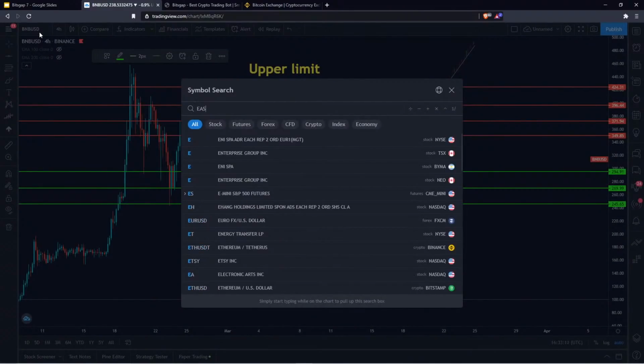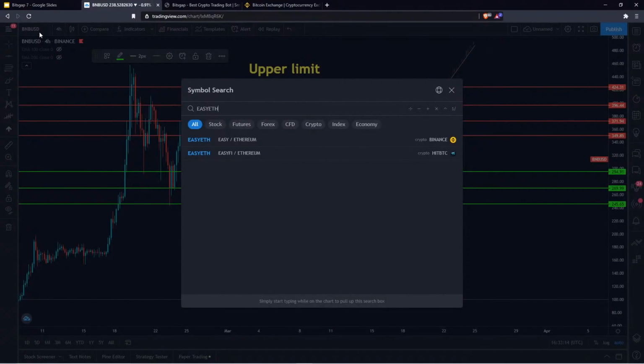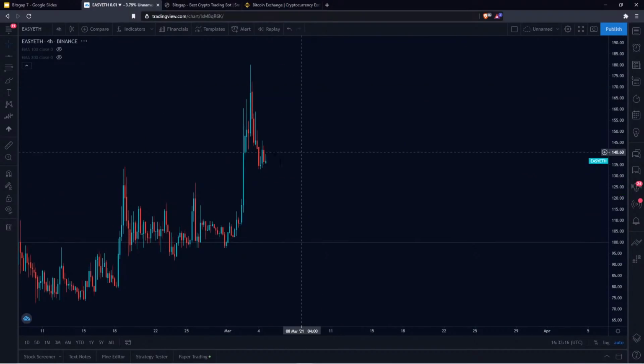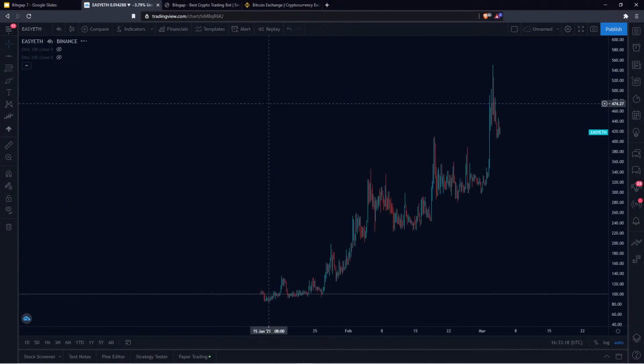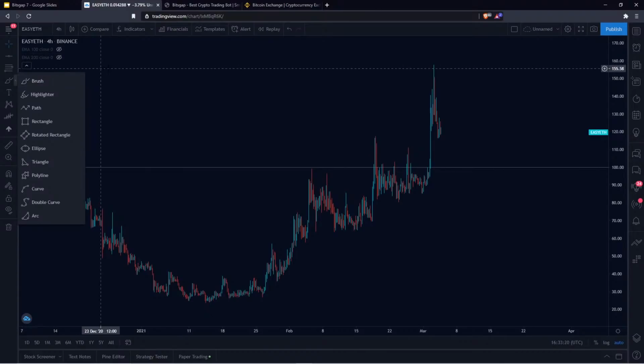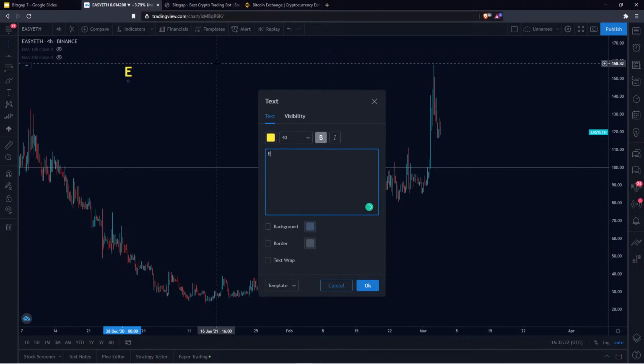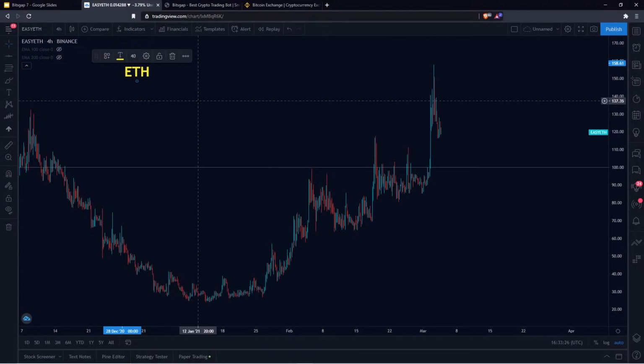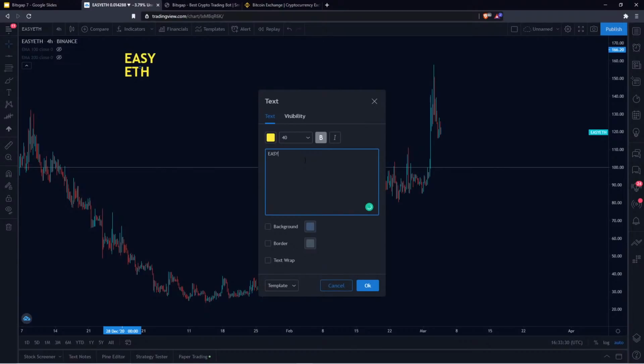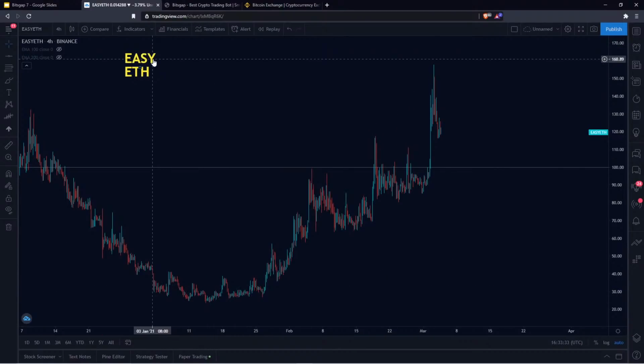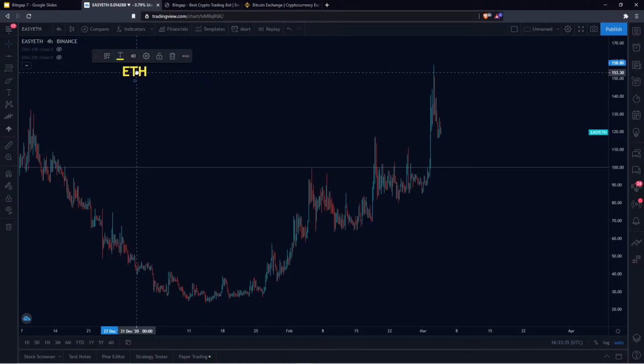Easy trading to Ethereum. So in this cryptocurrency pair, you are exposed both to Ethereum price and to the value change of Easy. Okay, so these are two cryptos that are volatile.